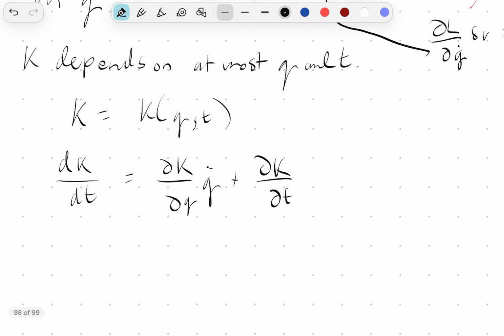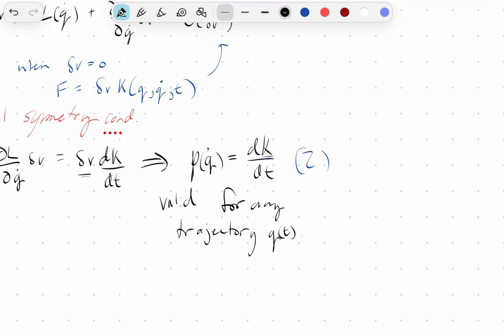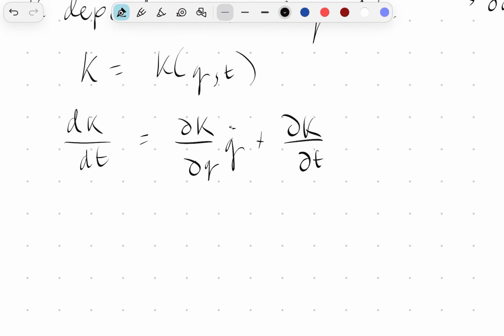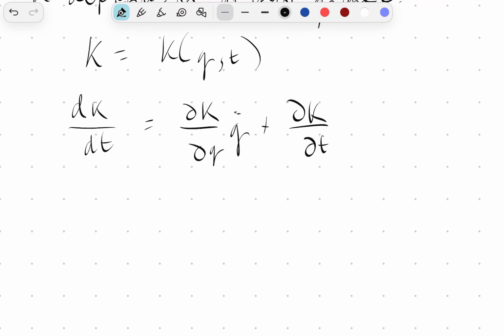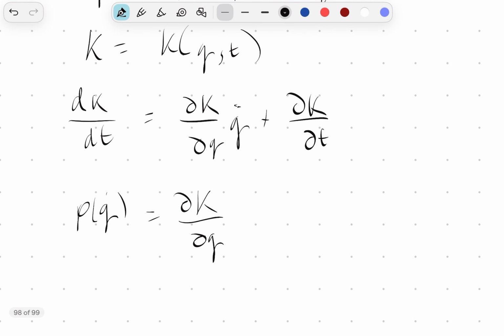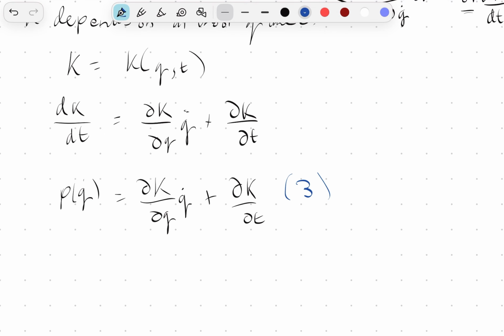And equation 2 then becomes P of q dot equals the partial derivative of K with respect to q, times q dot, plus partial K over partial t. And here we'll arrive at equation 3.